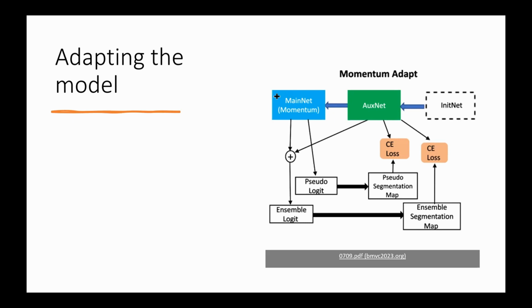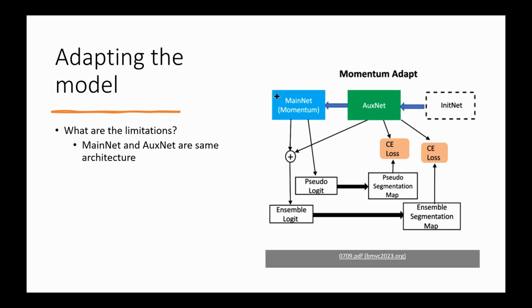But if we do this kind of adaptation, there could be some limitations. Possibly one limitation is that the mainnet and AuxNet then have to share the same architecture.